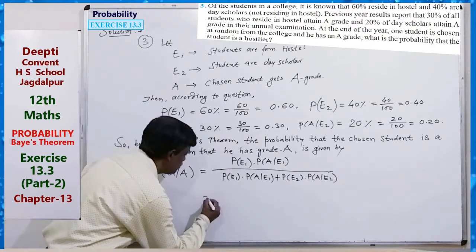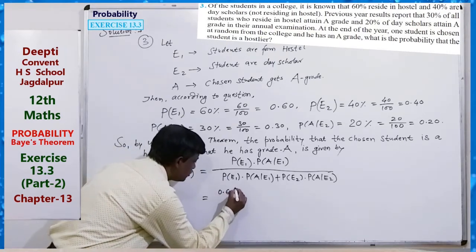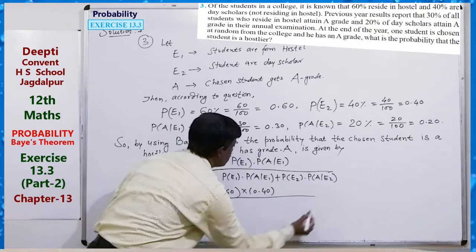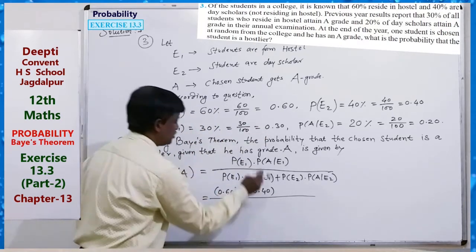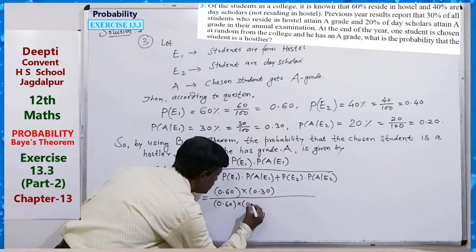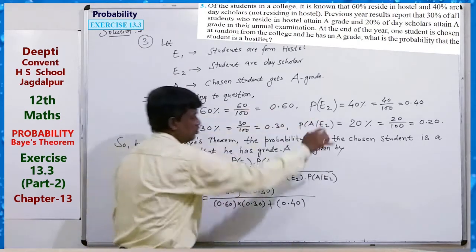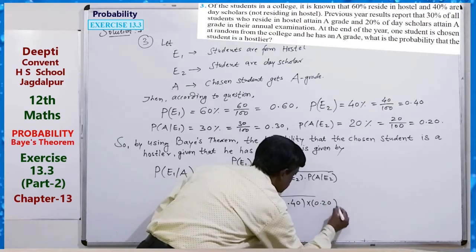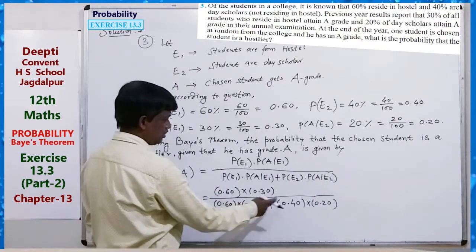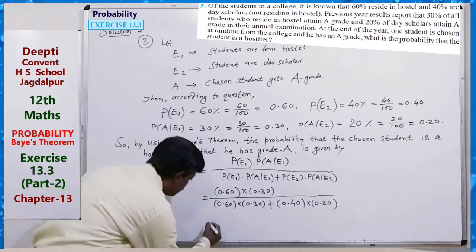Just put in all the values: 0.60 into 0.30, upon 0.60 into 0.30 plus 0.40 into 0.20. So just solve it.